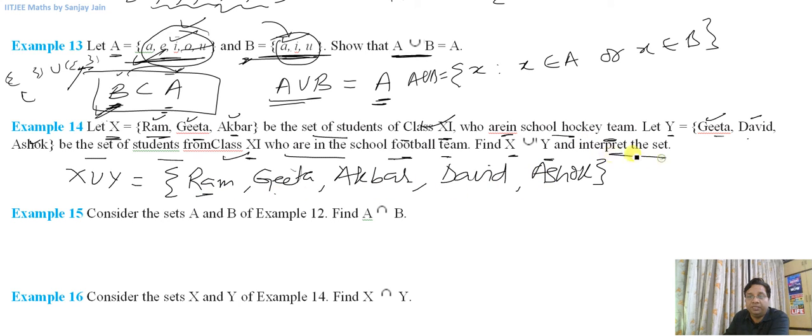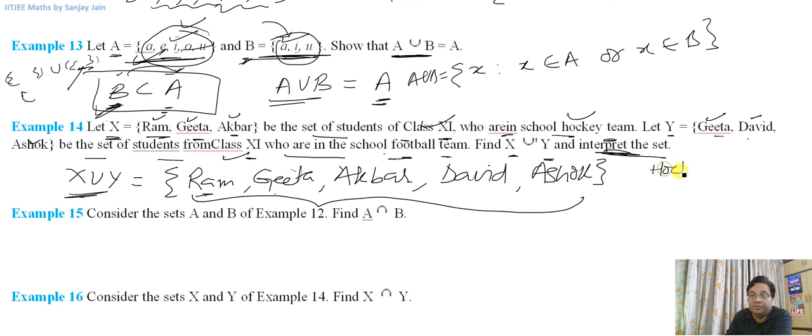What is the meaning or interpretation of this set? That the players in this set, X union Y, are the players who play hockey or football. See, now this is union of these, right? So I need elements that are there in the hockey team or the football team. So when I want to interpret this, Ram, Akbar, Geeta, David and Ashok are the students of class 11th who play either hockey or football, right?